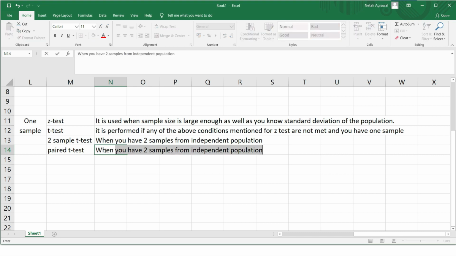So when you have two samples from the same population, or more precisely, observations recorded before and after.